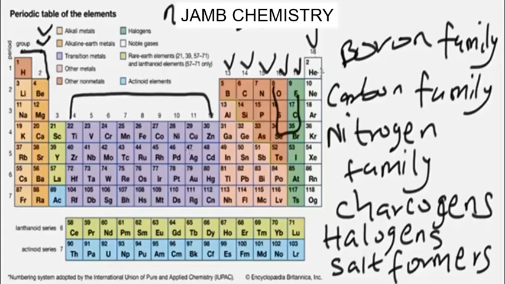Even the inert gases are also non-metals. When you talk about metalloids, typical examples are boron and silicon. So boron and silicon are considered metalloids or semi-metals. Note again that aluminium is a metal. It is found in group 3, and it is also a metal.